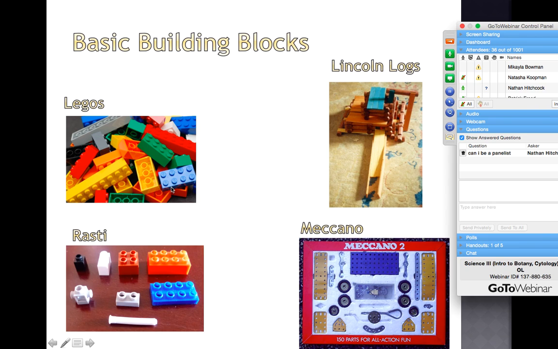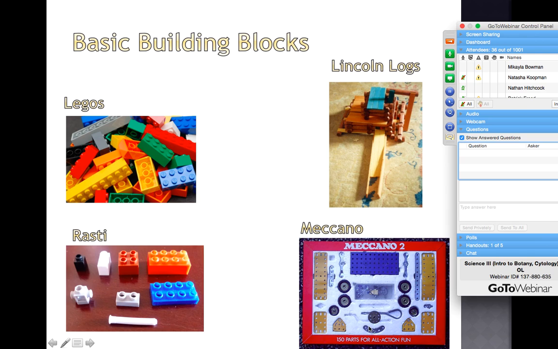You can see the shape is very similar. The concept is also very similar, that they snap, but they are absolutely incompatible. So even though they look pretty close, you cannot easily build things with both of them.